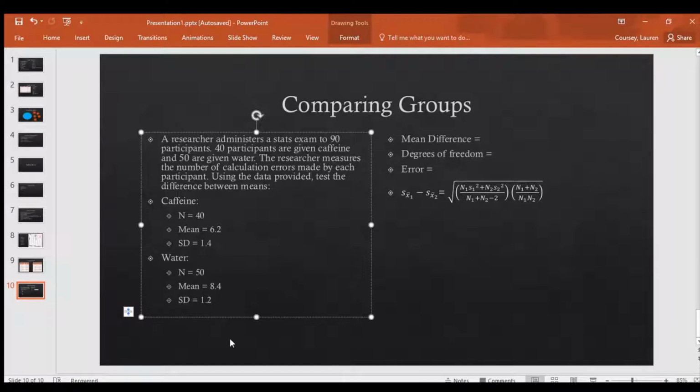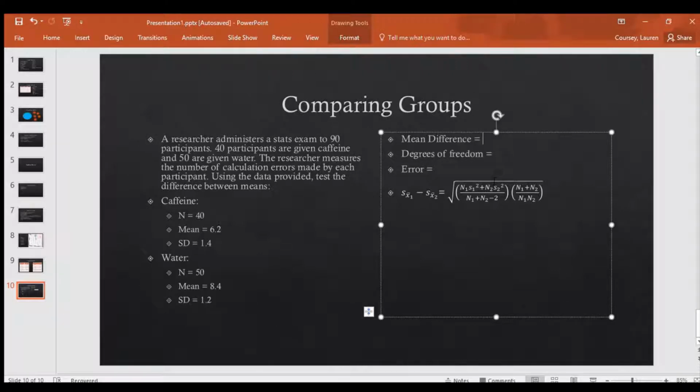Our null hypothesis is simply that there is no significant difference in calculation errors between the caffeine group and the water group. And so we want to conduct a t-test to test our null hypothesis. Are there significant mean differences between the groups or not?